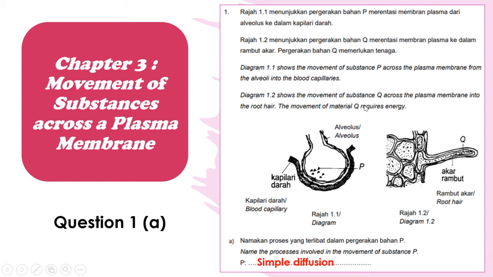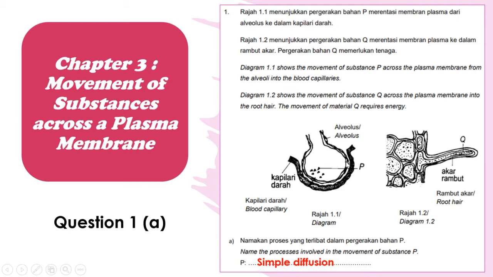Bear in mind that the only process that requires energy is active transport. So what is active transport? It refers to the movement of a substance from a lower concentration area to a higher concentration area.